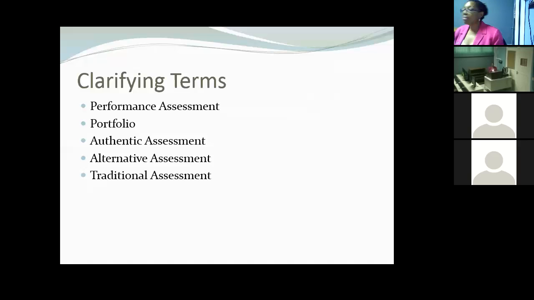And many times these are authentic in the context in which they are being done. That's the authentic context. So for example, the practicum activity in which you are required to do your micro teaching and teach is authentic assessment, and it is alternative assessment.